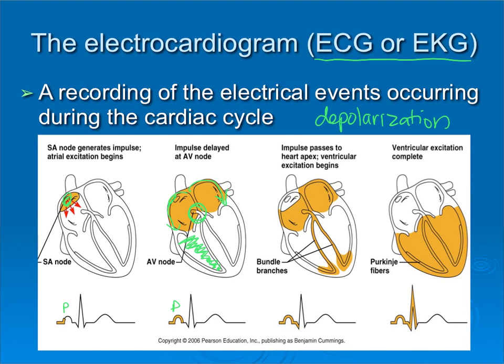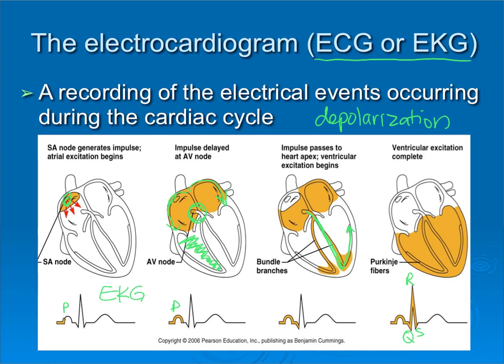So that's why we have that delay. Then you start to see the impulse being spread down the ventricles through the interventricular septum and up the sides. So again, that's going to be the AV bundle branches and the Purkinje fibers. So we see it moving through what we call the QRS portion of our, remember we're looking at the EKG or ECG. This is the electrical event that's occurring through the heart.